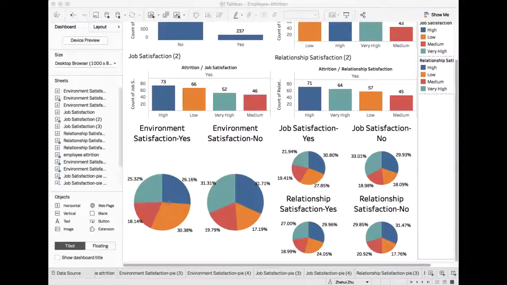And also I found that there were 3 factors that caused job attrition. First is work-life balance, and the business travel, and overtime. For example, for business travel, there were 3 levels of travel. First is non-travel, second is travel rarely, and the third one is travel frequently.